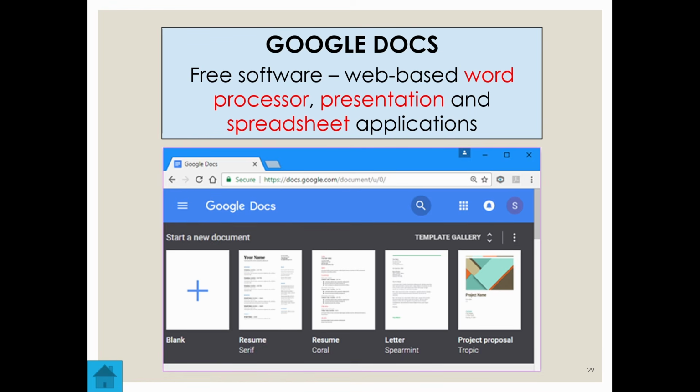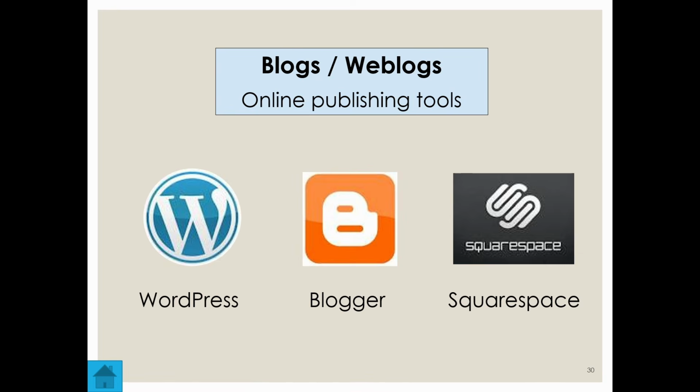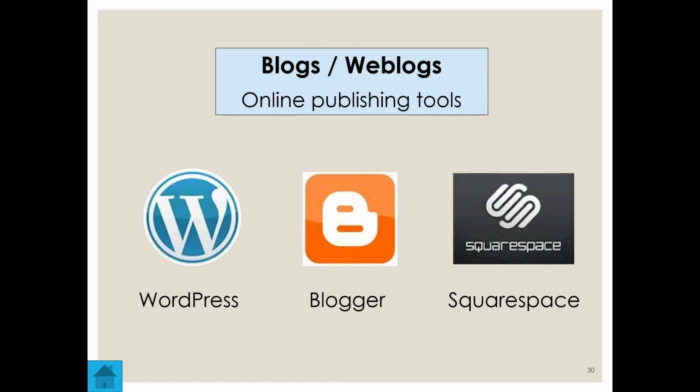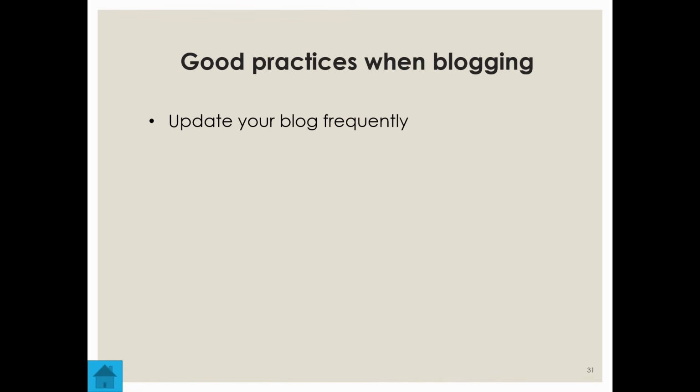We've got Google Docs, free software, web-based, which means we need to be able to access the internet in order to use it. And you can go back to your advantages and disadvantages and just think logically as to what that would be. We've got our blogs and our web blogs. This is something that does come up, not just knowing what a blog is, but also some good practices.